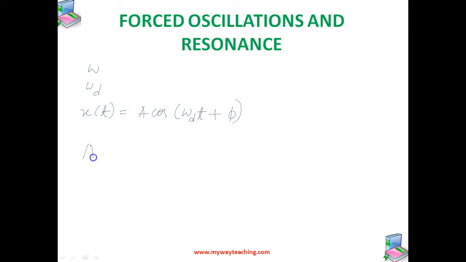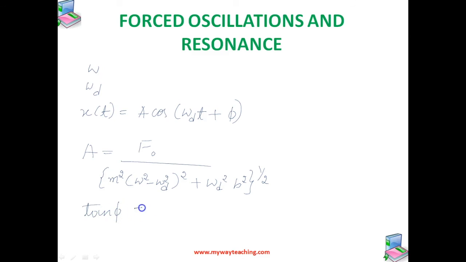So from the analysis we can write A is equal to F naught by m square into w square minus wd square whole square plus wd square b square whole raised to 1 by 2. Okay.